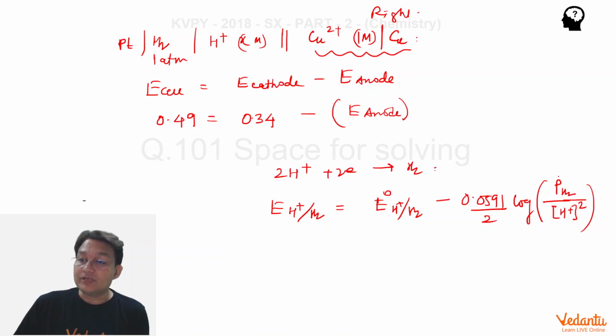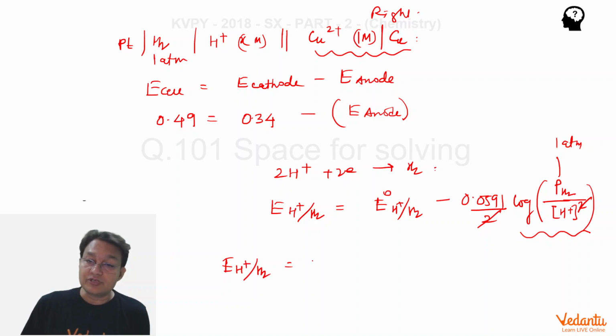Now pH2 is equal to 1. It's given as 1 atm, so there is no need of putting it here. And this 2 can be cancelled by this. And log of 1 upon H plus is nothing but pH. So we can say that E of H plus H2 is equal to 0 minus 0.0591 into pH.